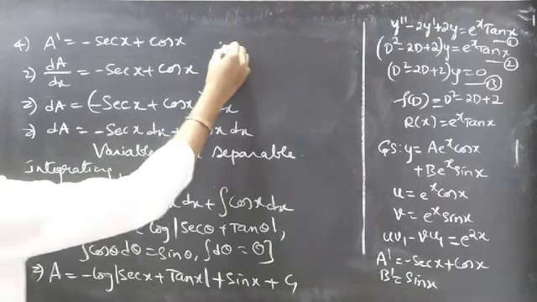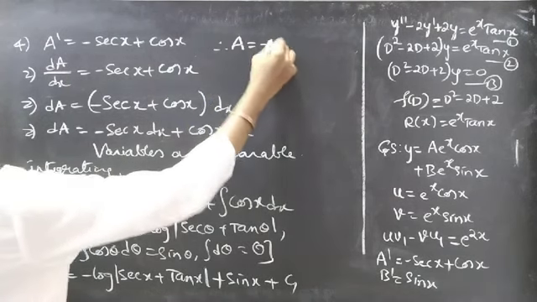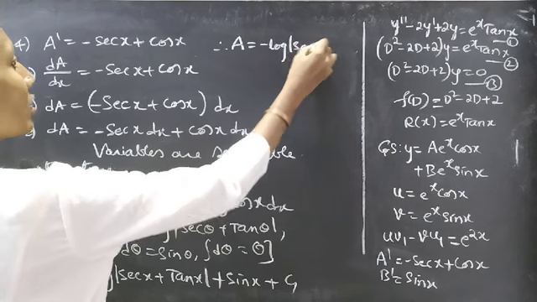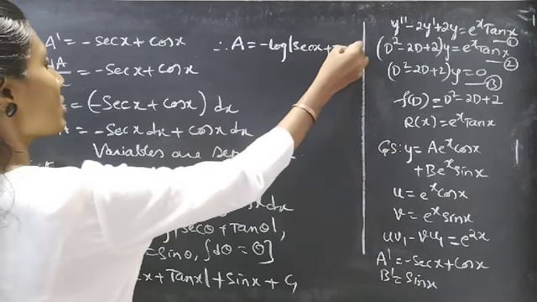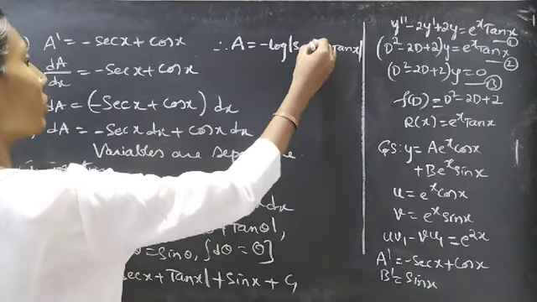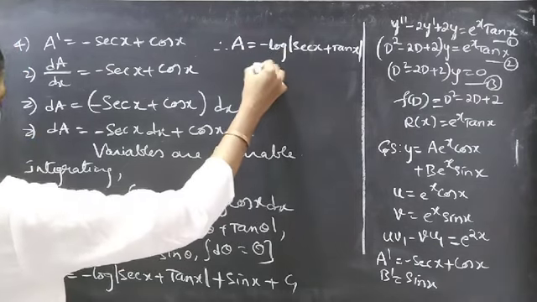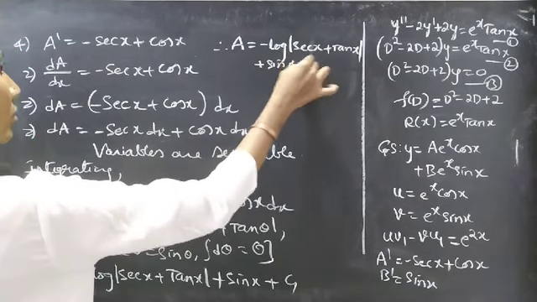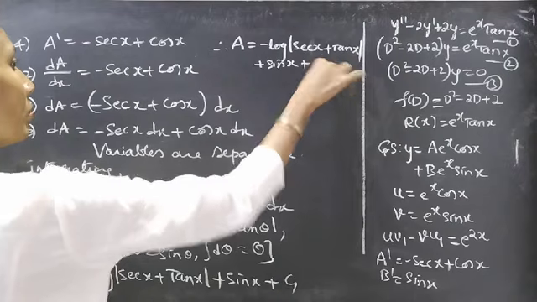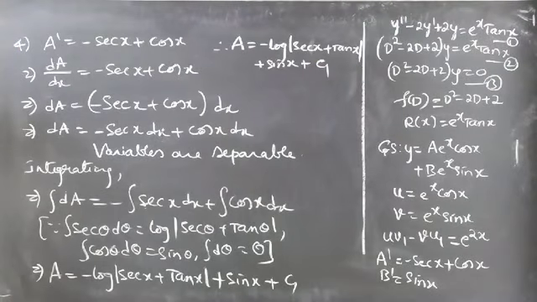Therefore A equals minus log mod secant x plus tan x plus sin x plus C1. Okay, we got A.